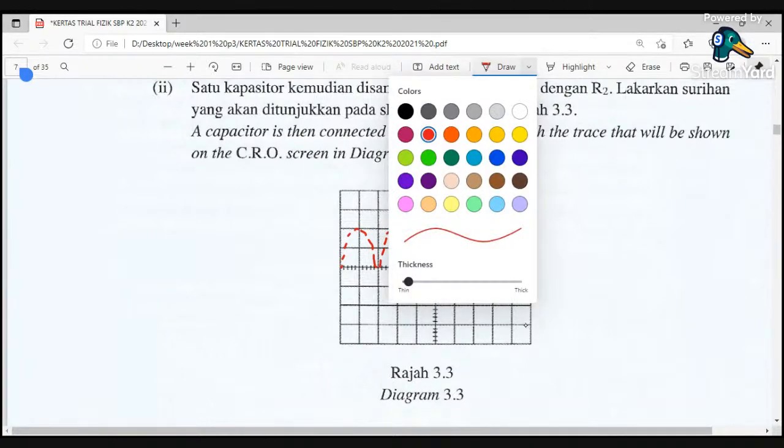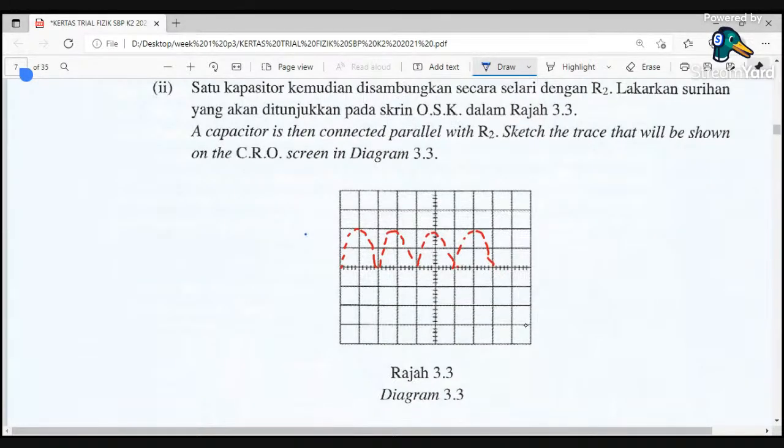So the trace that you observe on the screen will be like this. If you don't want to draw the red color one, you can also skip it, and it will become this shape.